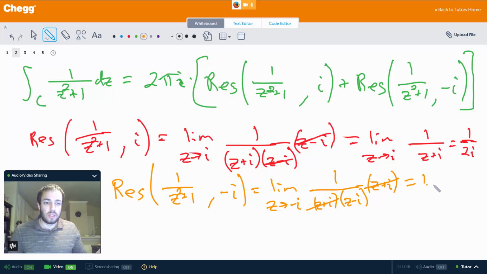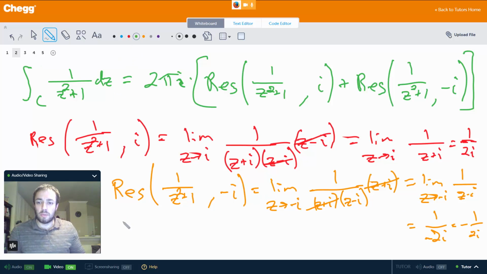So we're left with the limit as z approaches minus i of 1 over z minus i. So as z approaches minus i, this becomes 1 over minus 2i, or in other words, minus 1 over 2i.